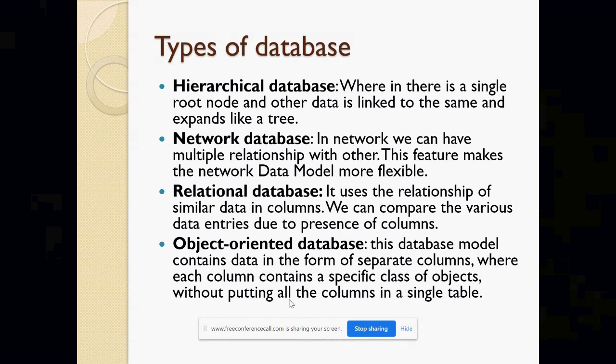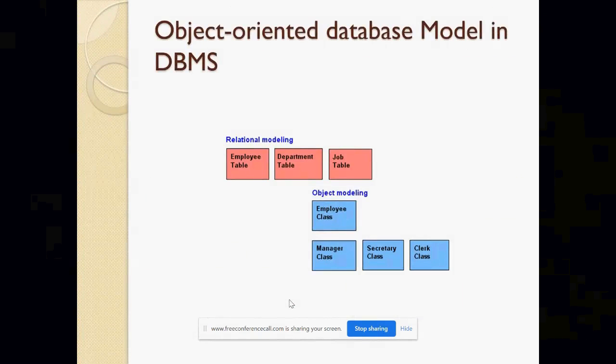Means objects of one class will be in one column, objects of second class will be in second column, and they are put in different tables. Not in a single table, they all are put. In a relational database, we saw that the entries were put in the single table in rows. But in object-oriented database, we don't see this. We will see this in the figure.